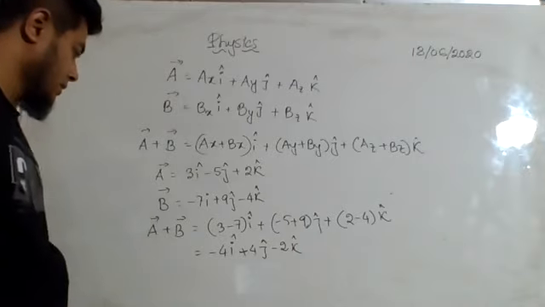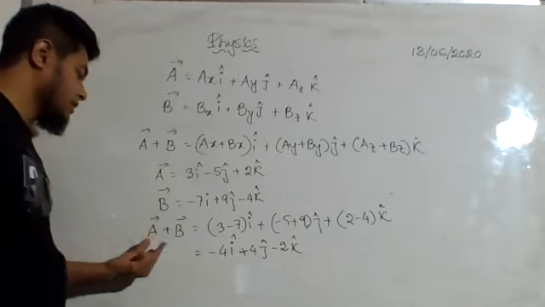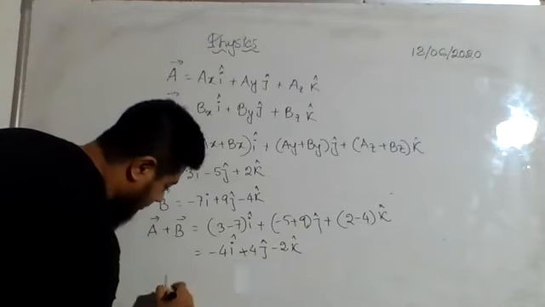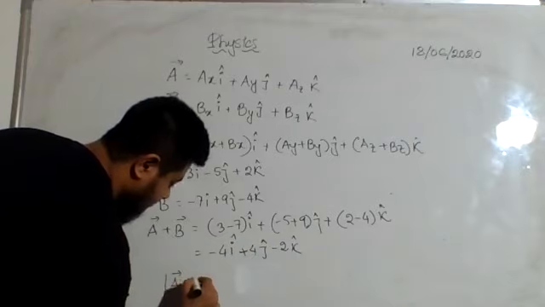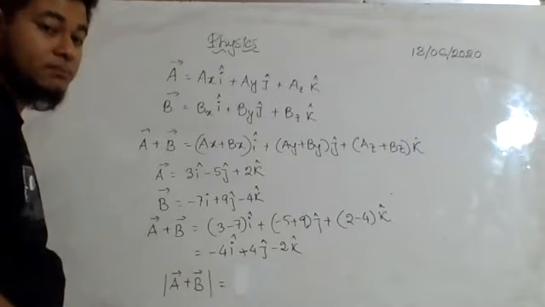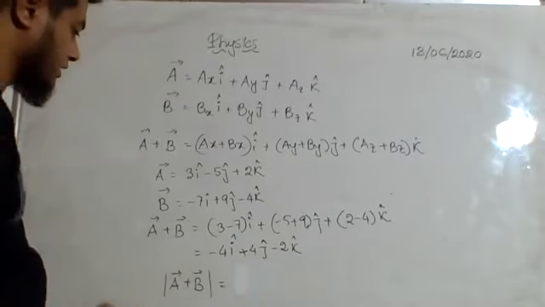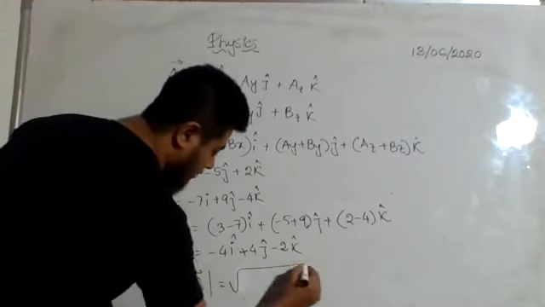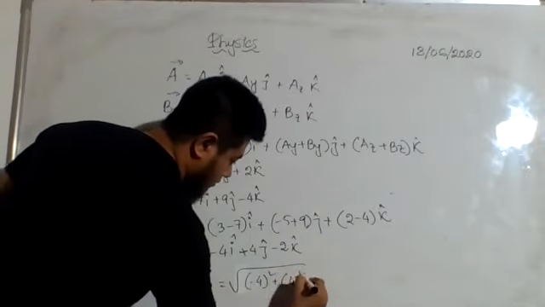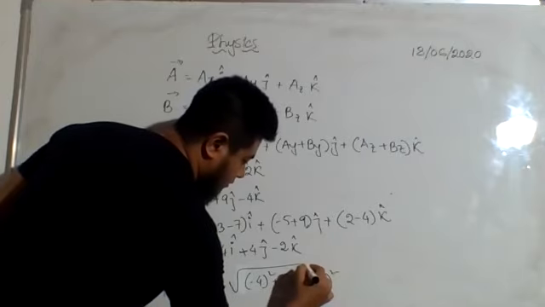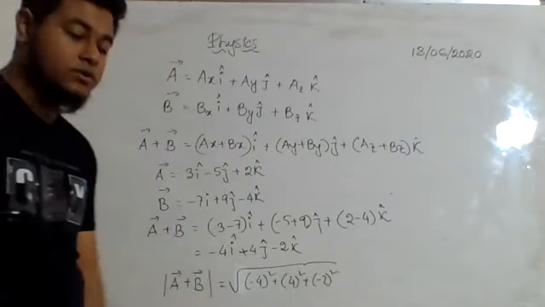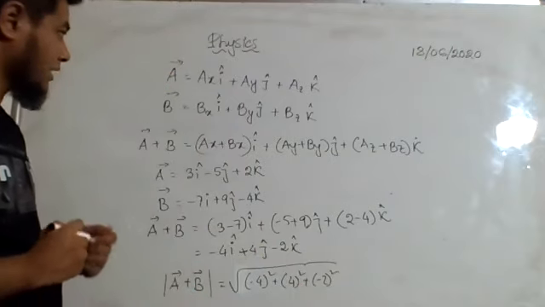Okay. And then if you're told to find out the magnitude of this one, then how can you do it? The magnitude, that means we will put the absolute value sign. This absolute value sign means the magnitude. We are considering the magnitude, not direction. So how can we calculate? I already showed you, right?